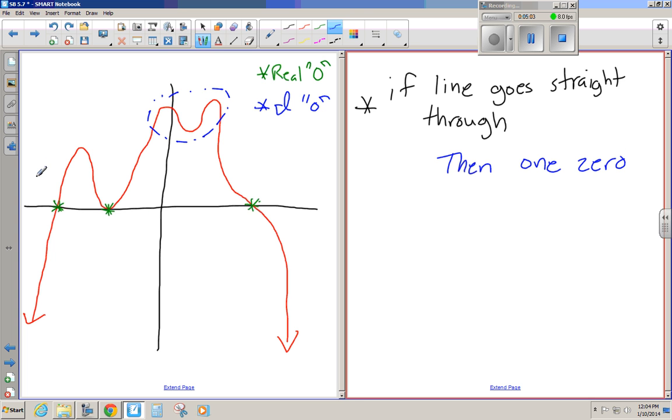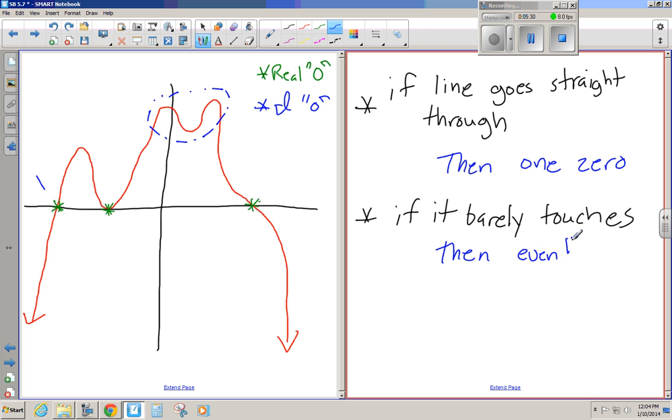So right here, this would be 1 zero. Then, if it barely touches, then an even number of zeros.